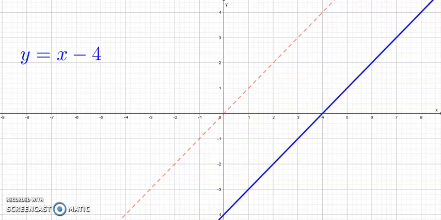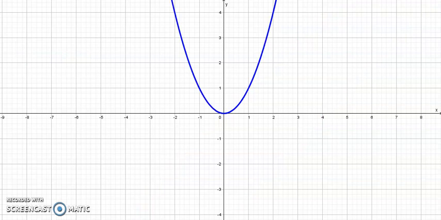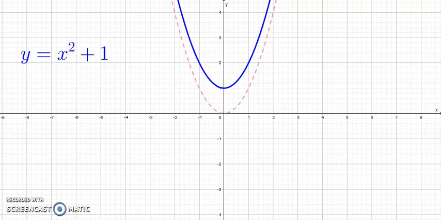And this is the same for other kinds of functions as well. So let's just say we have our parabola, y is equal to x squared, which is the same as y is equal to x squared plus 0, hasn't moved from its original position. If I add 1, then I'm adding 1 to all the original outputs. So my output is now going to be there at 1.